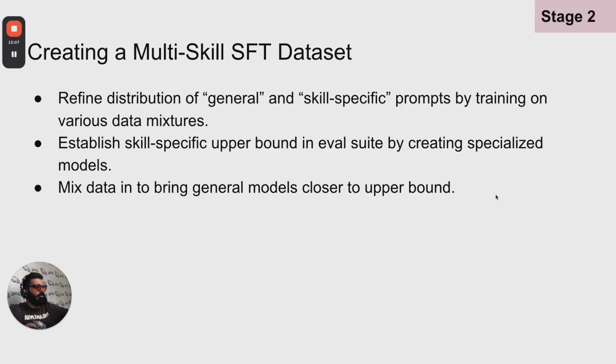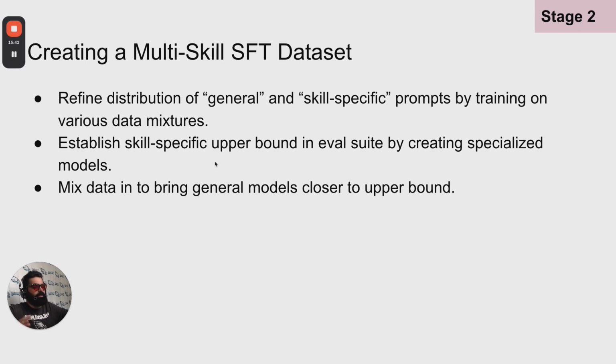For stage 2, the highlight for creating a multi-skill SFT dataset is to refine the distribution of general and skill-specific prompts by training on various data mixtures. So there's always this balance of trying to maximize skill-specific performance with general performance, and not forgetting general knowledge and language understanding in favor of skill-specific performance. How they approach this is that first, they train models just on a specific skill.